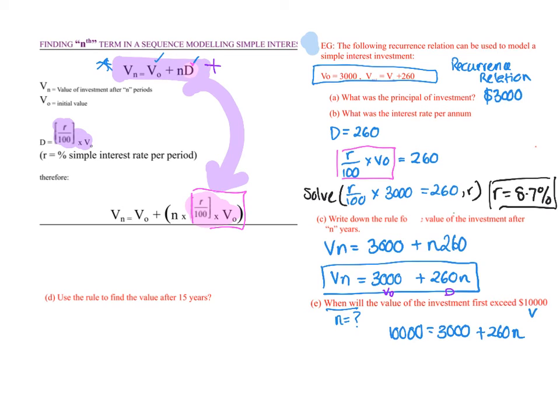And once again, I can do the solve function, and I'll do comma n to find out how many years. So I'll do that. So I get n to be 26.9. So I'm going to say, therefore, after, I'm going to round up and I say 27 years.